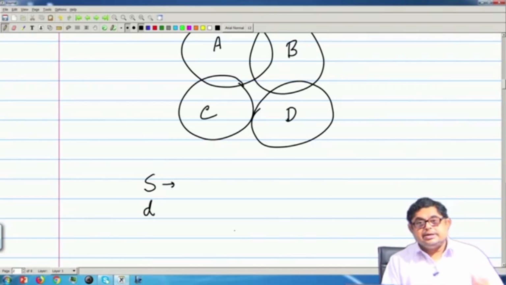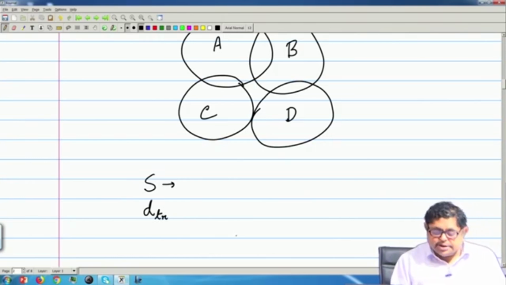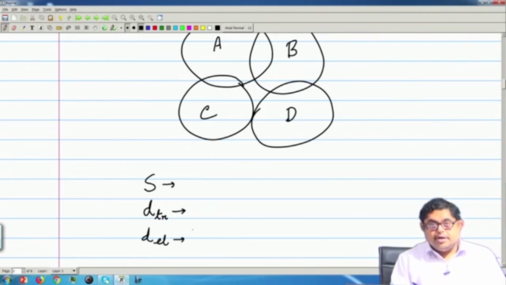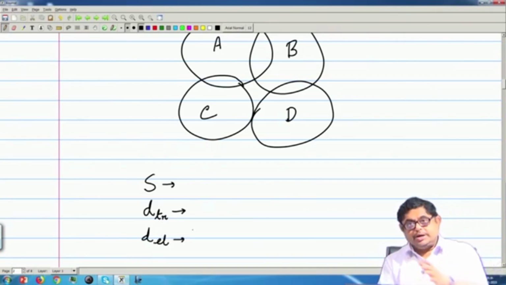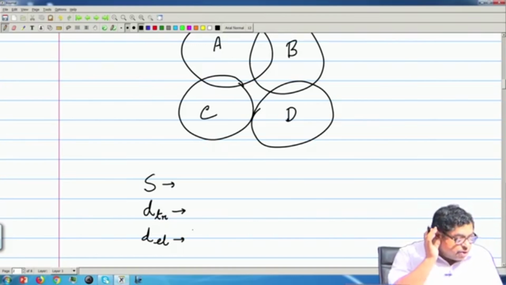Now, differences: in both elevation and azimuth, or both traverse and elevation, we need to find out. So, there will be one D traverse, another D elevation. The graphs will be similar, because with 2 squint beams, whatever I said, the same picture is there for all.